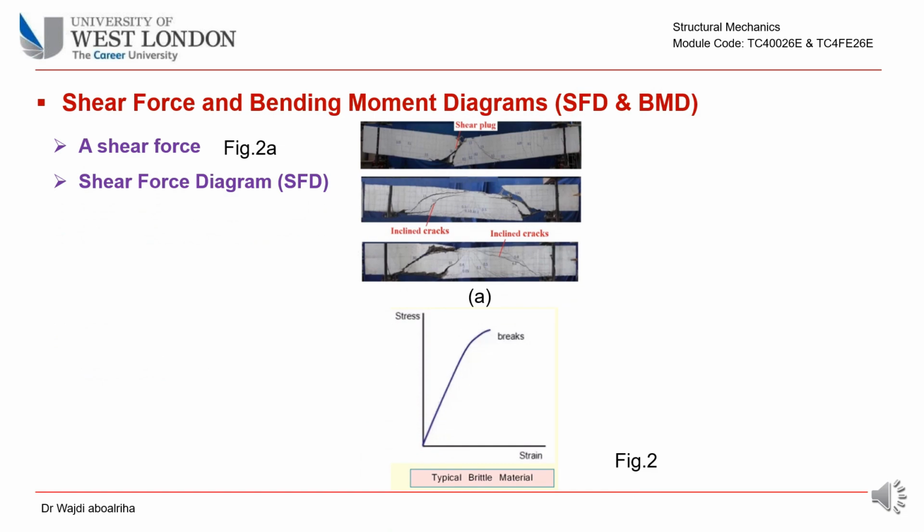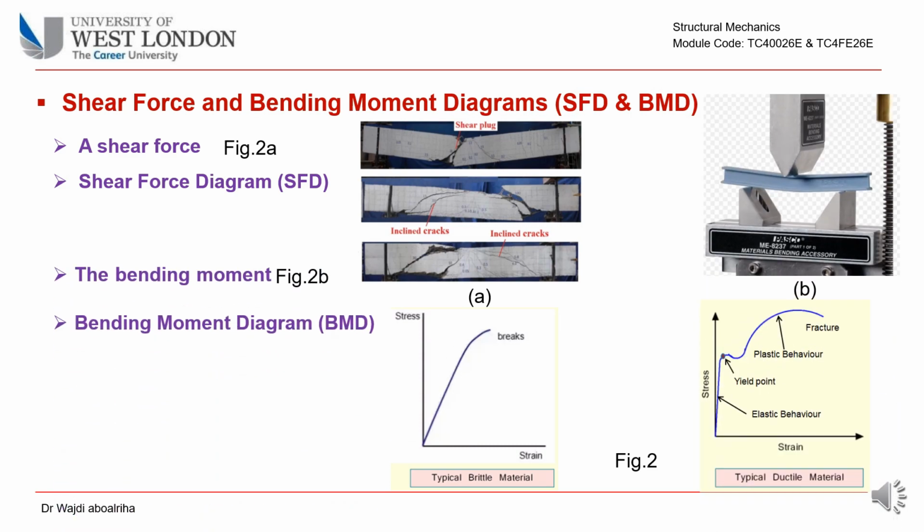Shear force is a force that produces a shear failure at a given point in a beam, and it's clear in a brittle material such as concrete, as shown in figure 2a. Shear force diagram: the diagram shows the variation of shear force along the length of the beam.